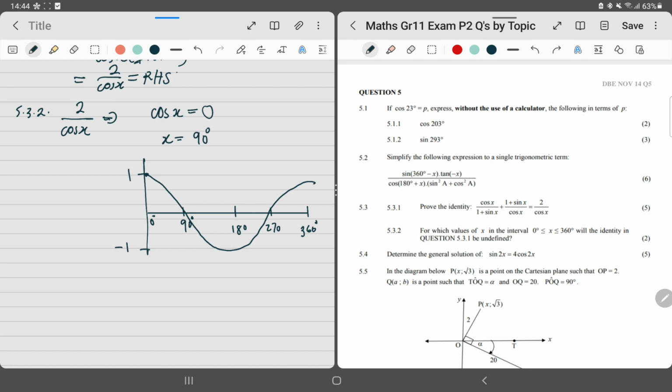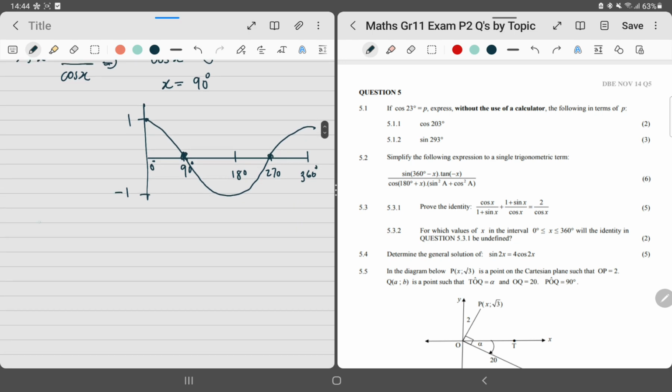So the denominator must be equal to 0, which means the whole cos must be equal to 0. So the graph of cos is 0 at 90, it's also 0 at 270. So the solution is x is an element of 90 degrees and 270 degrees.